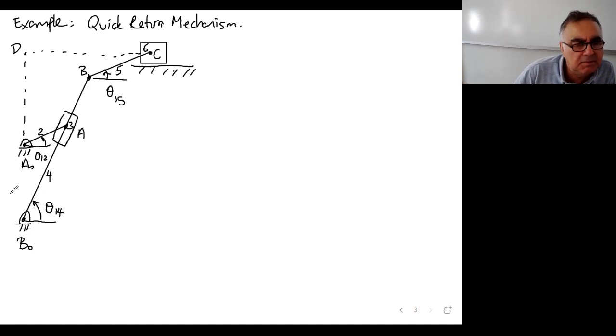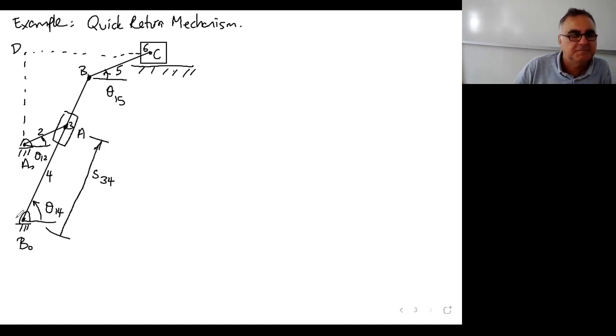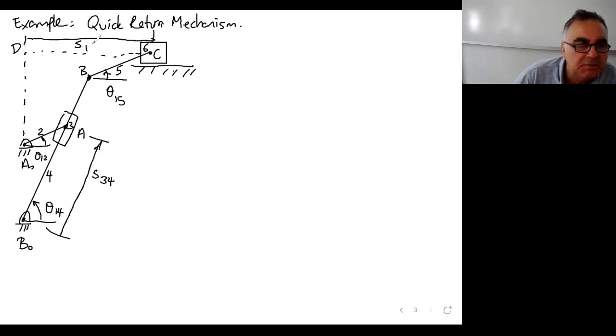Now 3 is this distance B0A, a variable. So this distance is S3 with respect to 4. You can say S3, 4 or S4, 3. It doesn't matter really. And this distance is a variable too, which we will call S1, 6.